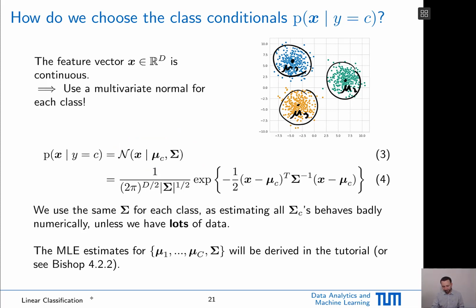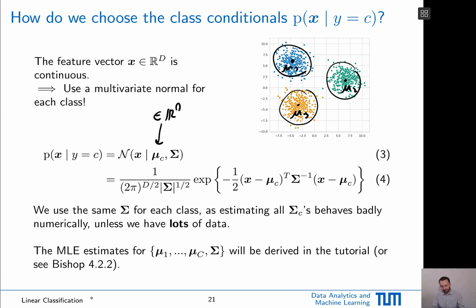Good. So let me quickly talk about why we picked this choice and what follows from it. We said here we have one separate mean per class, but then we said we have a shared covariance matrix. So why did we do this? We did this because if we would pick also a separate covariance matrix per class, we would have very many parameters, right? Remember that this here is also a d-dimensional vector.